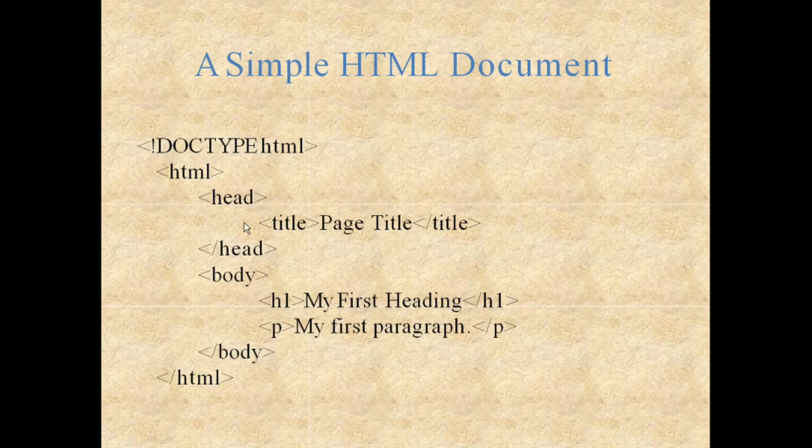But usually whatever is written in the head section is not displayed in the web page. Only what is written in the body section will be displayed in the web page. In the head section we only have extra information about the HTML document, but that extra information will not be displayed on the web page.